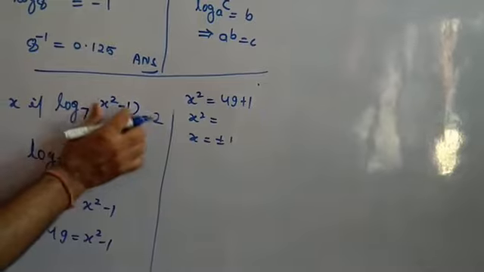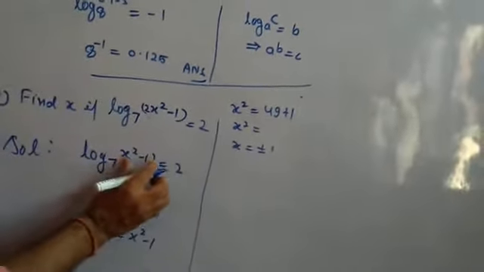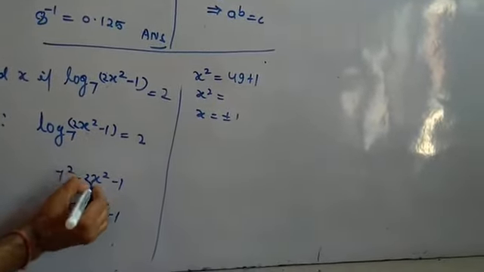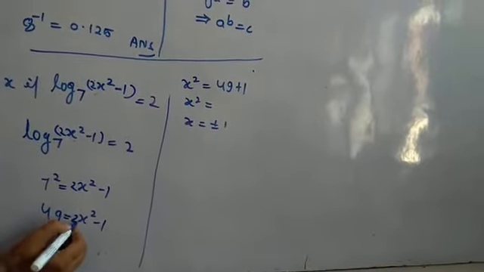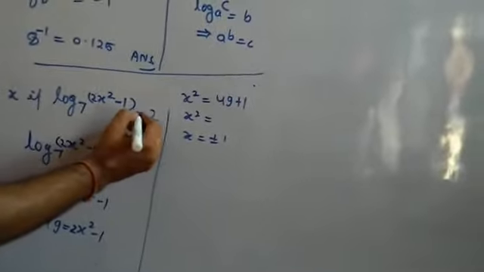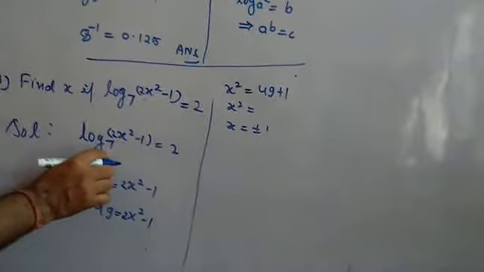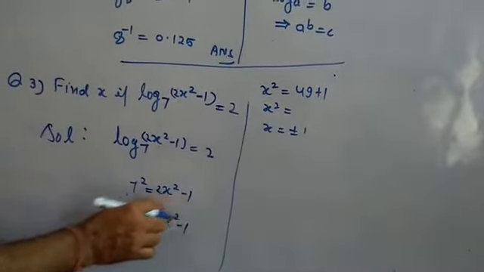Question in this: 2x square. Log 2x square minus 1 at base 7 equals 2. 7 power 2 equals 2x square minus 1.